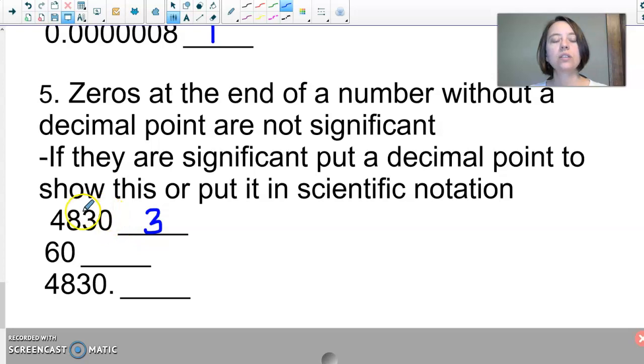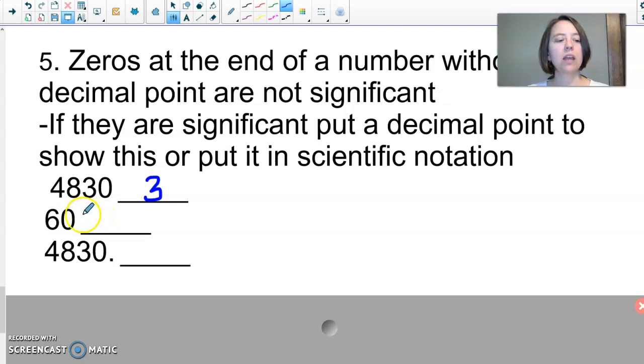And why is this? Well, this could be a number that has been estimated. So it could have been 4,825 or 4,834. With that 0 there, we don't know if it's been rounded. So take a moment and guess how many significant figures these have.